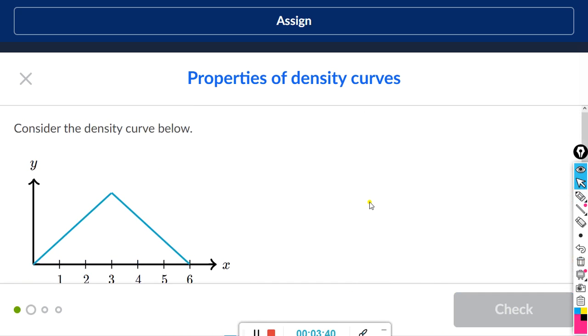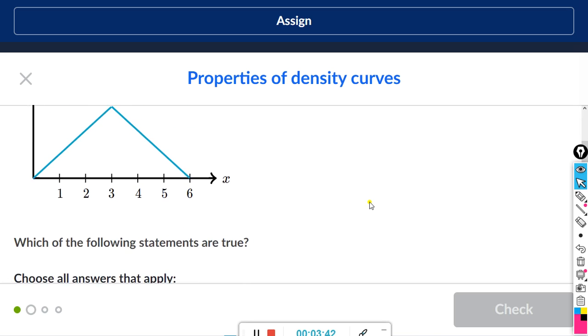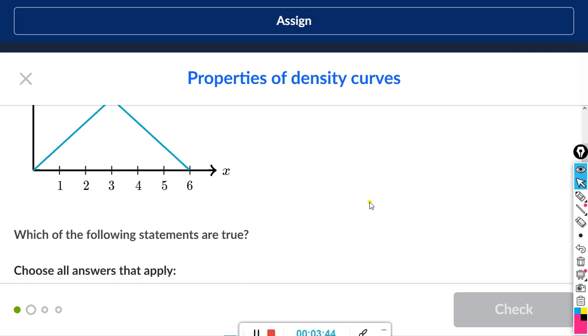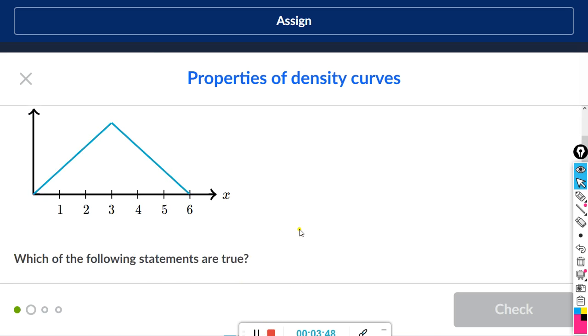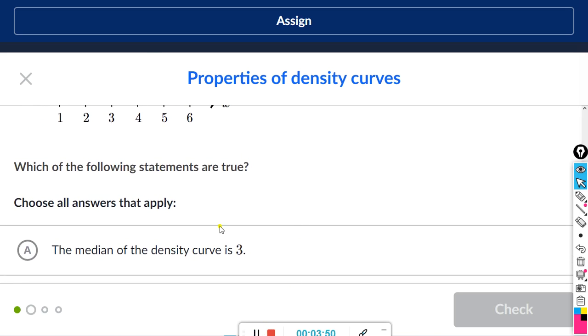All right, consider the density curve below. Which of the following statements are true? Okay, so the first one, answer A, is the median of the density curve is 3.